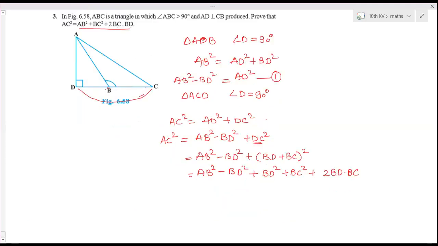Is this right? Yes, ma'am. A square plus B square plus 2AB. So minus BD square plus BD square cancel. What is left out? AB square plus BC square plus 2BD into BC, that is equal to AC square. That's what we need to prove.